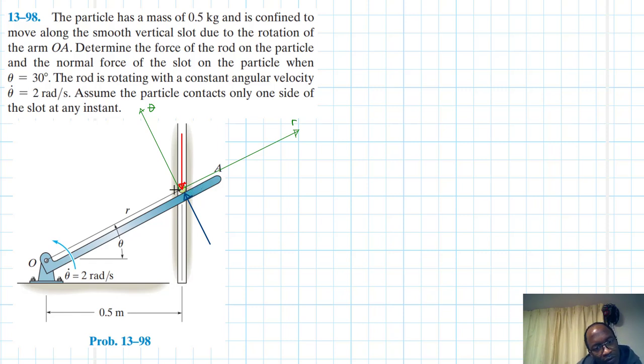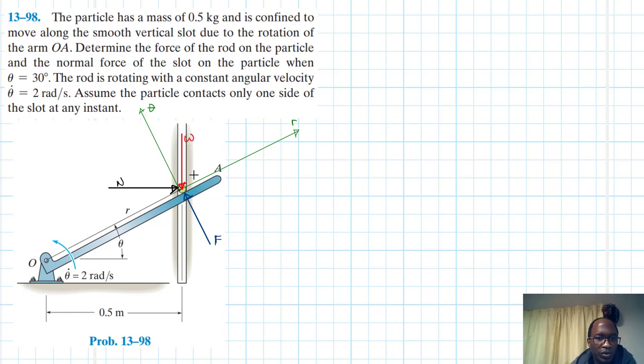Let's say the normal force, we assume this direction. Again, you don't have to worry which direction you assume. If you made a mistake, then the calculation corrects itself. So this is the normal force, this is the force from the arm, and this is W.